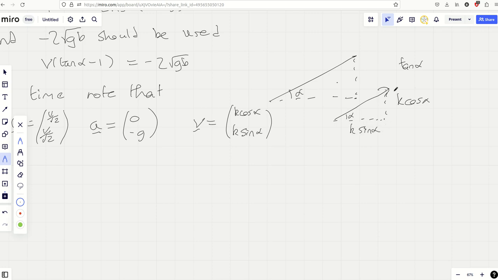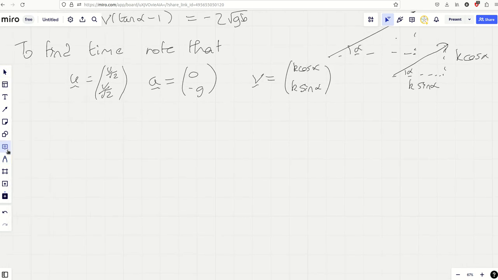I have to use a k just because the velocity doesn't have to be exactly the same value as whatever tan alpha is. It could be any scalar multiple of that. It's just in the same direction, so it should be k cos alpha, k sine alpha.